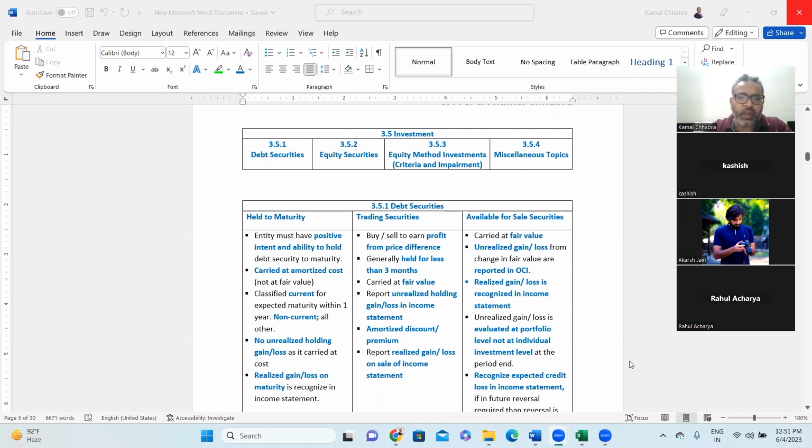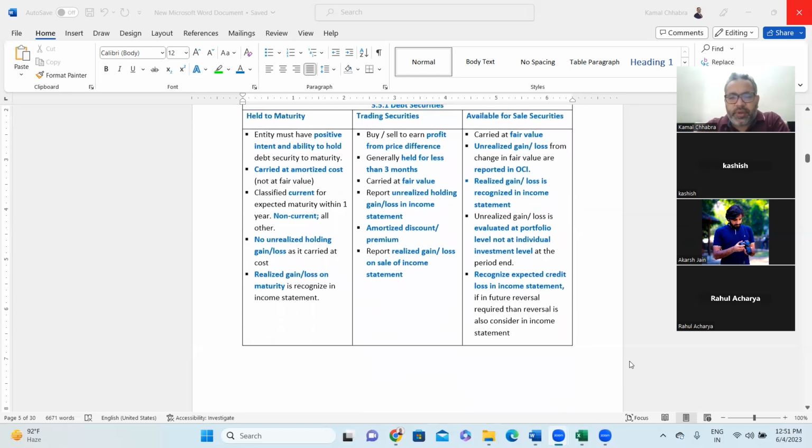security. So the investment may be either in debt or in equity, right? So first we'll be understanding debt security, in which various categories of investment can be made, and then we'll be coming to equity security. In equity security, we'll be understanding in detail various types of investment.